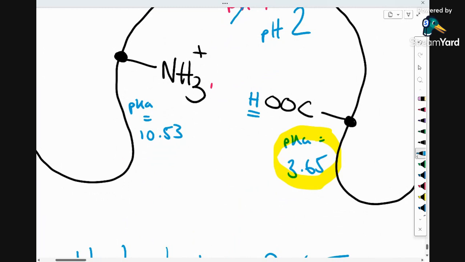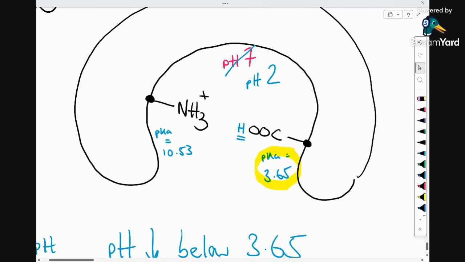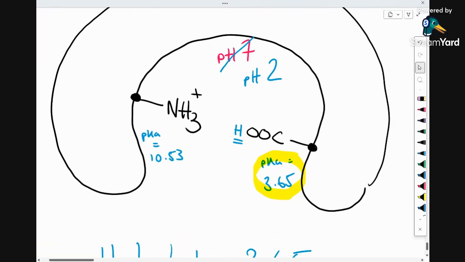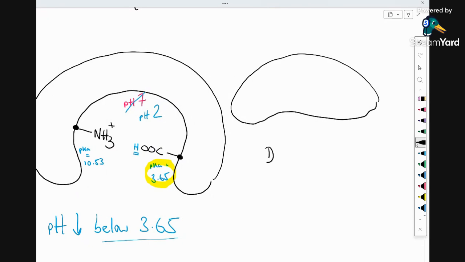It neutralizes the negative charge that was there, meaning that we can no longer form an ionic bond between these two groups. Okay, which means that these are no longer interacting, and the active site may then look a bit more flat like that, right? It loses its shape, and we call this denaturing.